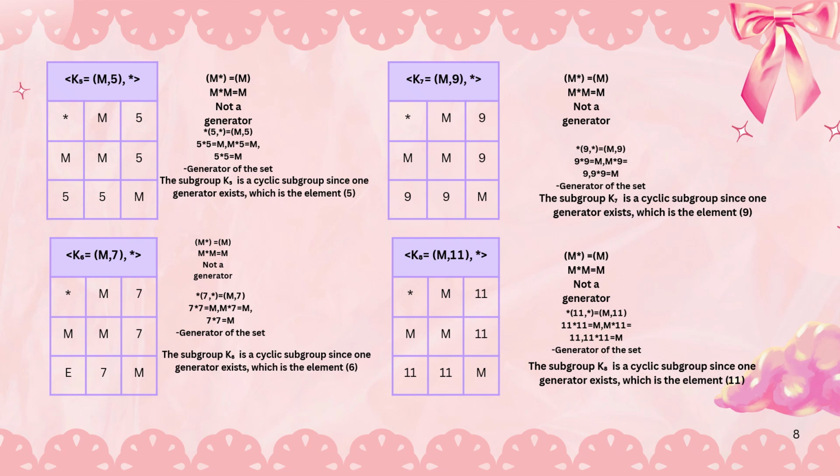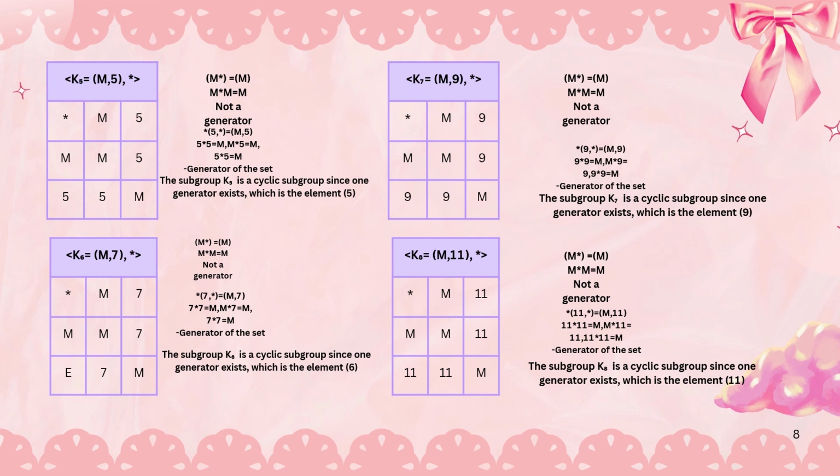Then, when we operate 5 by itself, we have the resulting element M. Then M operates 5 is equal to 5, then 5 operates 5 is equal to M. Therefore, 5 is the generator of this set. So this subgroup is a cyclic subgroup since one generator exists, which is the element 5.